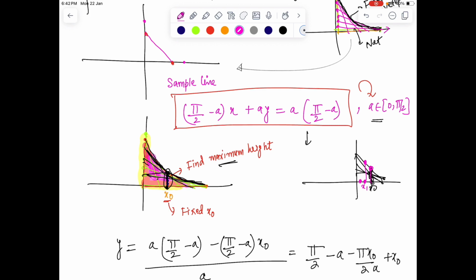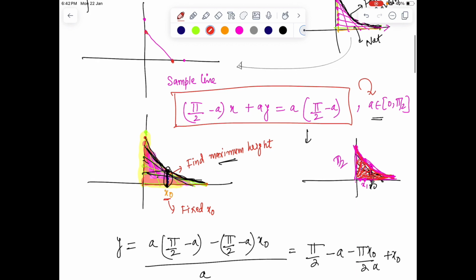I can change it to 0.00001 and find the maximum height. At x equals 0, I already know the maximum height is π/2. So the locus of maximum heights will give me the envelope. The region cannot pass that. The locus of those maximum heights gives the boundary of the envelope, and we just need to find the area of this. So this is our thought process, and we go along that line.